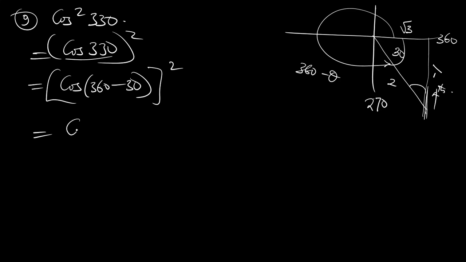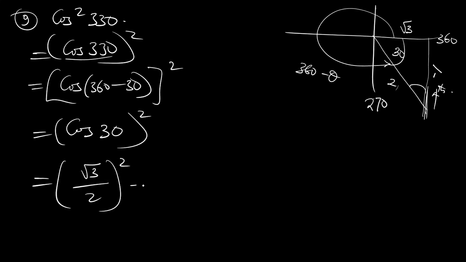So we have cos 30 squared. Cos 30, that is adjacent all over hypotenuse, is equal to root 3 divided by 2, all squared. So this will give you square root of 3 squared all over 2 squared, which is 3 all over 4. So this is the final answer for that particular problem.